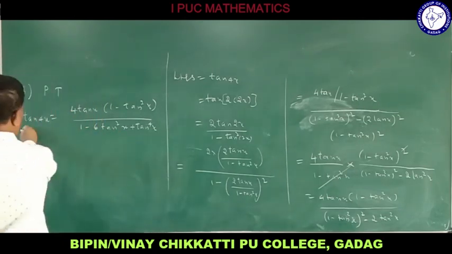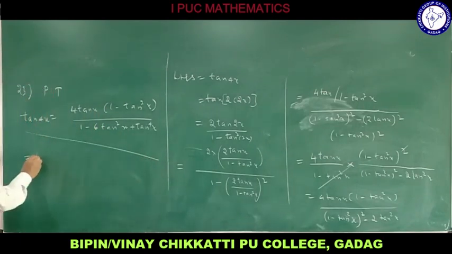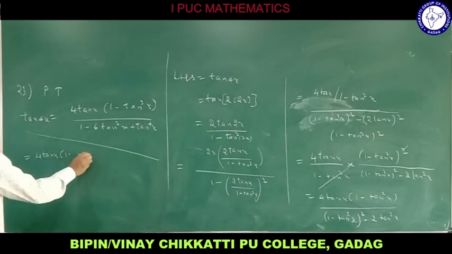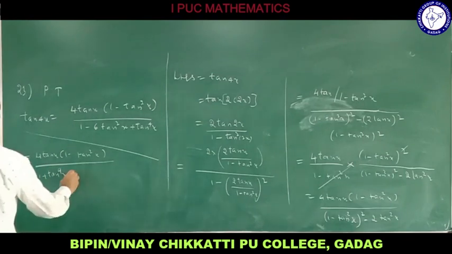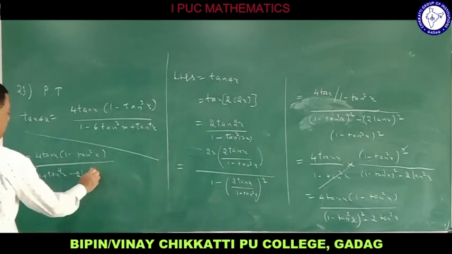So here I am going to write the result: 4 tan x into bracket 1 minus tan square x, and in the denominator you see (a plus b) whole square, 1 plus a square plus b square. 1 square is 1, tan square is tan power 4 x, minus 2 tan square x.